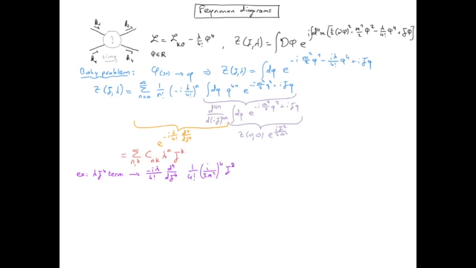The first derivative will bring down a factor 8, so we will have 8 times j^7. Then the second derivative will bring down a factor 7 times j^6, etc. So we see that we end up, as expected, with a term which is proportional to lambda and to j^4.